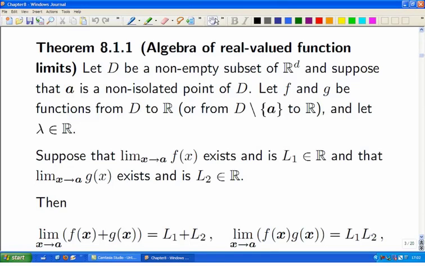So, last time we were looking at the algebra of real-valued function limits. And what we were using were what we knew about the algebra of limits for sequences and deducing results about algebra of limits for function limits.